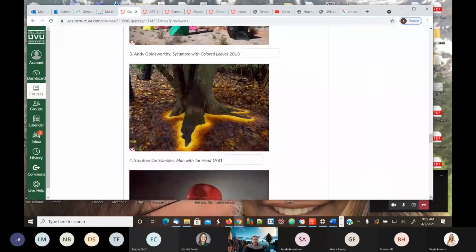Now here's one. Is this natural or applied? It's Andy Goldsworthy, and all these leaves are natural leaves, but what did he do to get the color there?